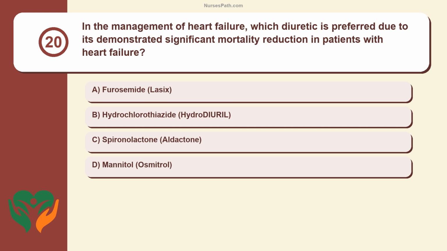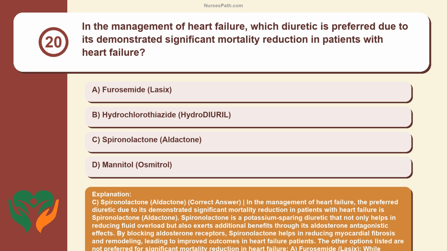Question 20. In the management of heart failure, which diuretic is preferred due to its demonstrated significant mortality reduction in patients with heart failure? A. Furosemide, Lasix. B. Hydrochlorothiazide, Hydrodiuril. C. Spironolactone, Aldactone. D. Mannitol, Osmitrol. C. Spironolactone, Aldactone. Correct answer.